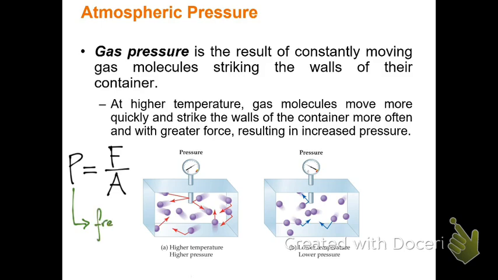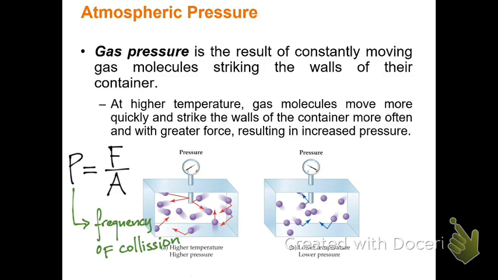So I'm going to put frequency of collision here. I think that's how you spell collision. It might be single S. Oh well. All right, so frequency of collision, that's pressure. So if you increase this frequency of collision, you're increasing pressure. So that's what it means.